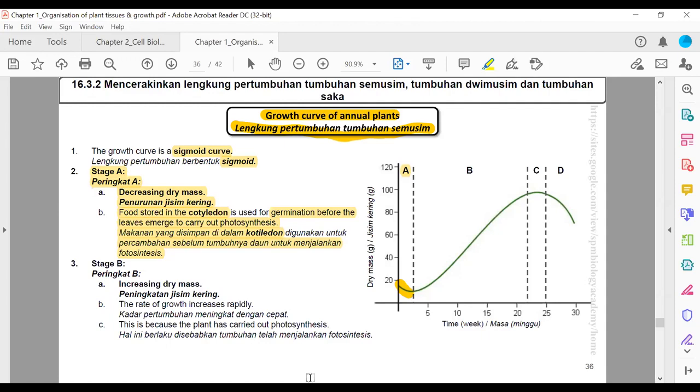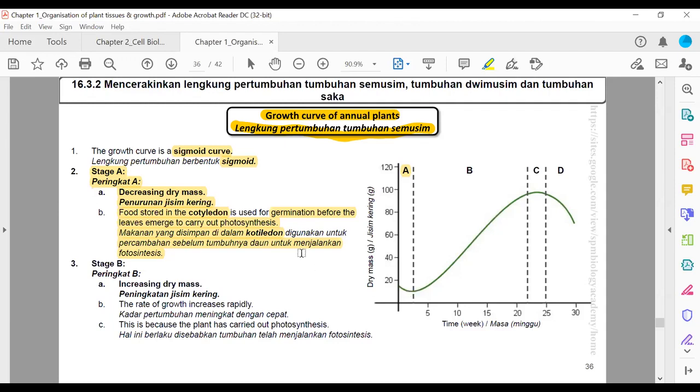That's why the early part of this graph shows negative growth due to this reason. And of course, after the leaves all come out, they can photosynthesize, and then the cotyledon is not required anymore. So later, the cotyledon will dry and fall down.